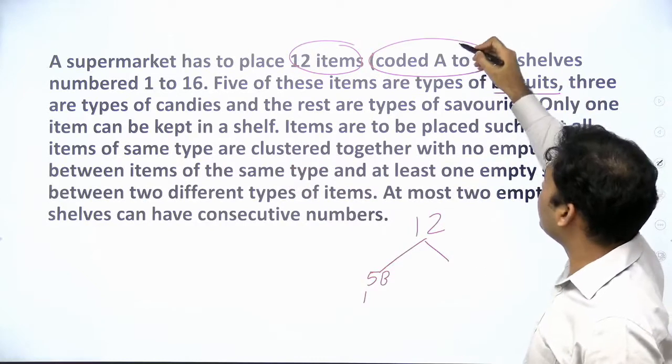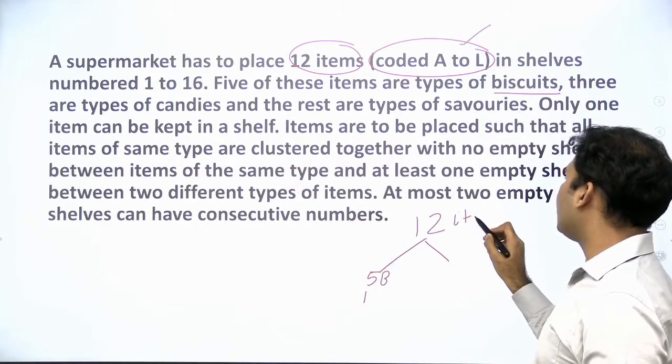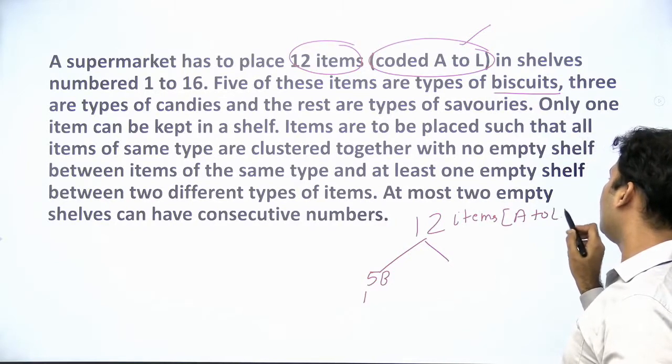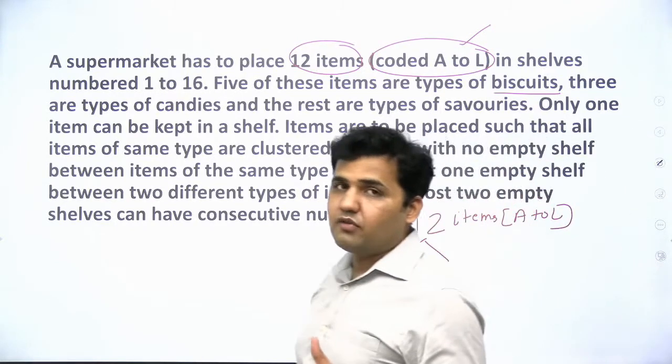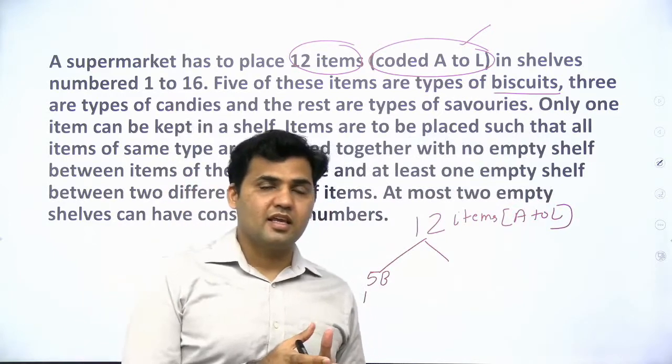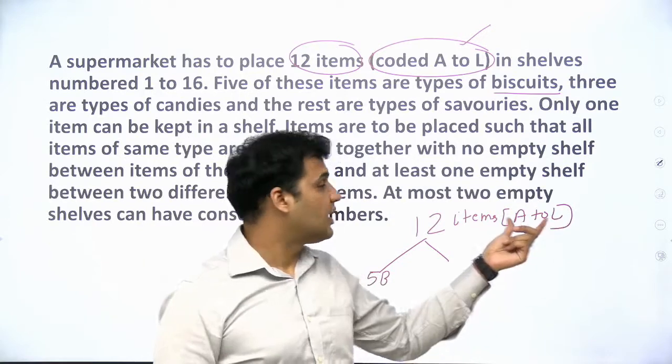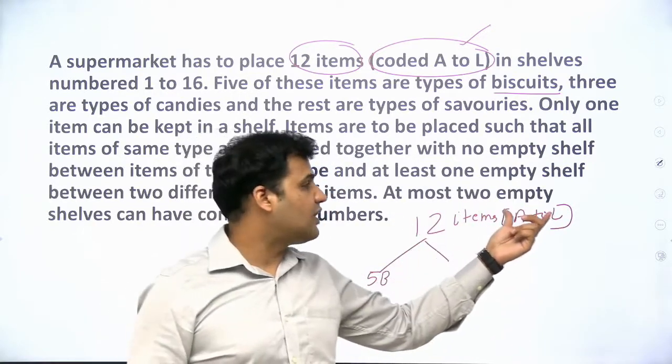So these 12 items are coded as A to L, and if you start from the alphabet A and go on till alphabet L, there will be a total of 12 alphabets, and we have 12 items and 12 alphabets.